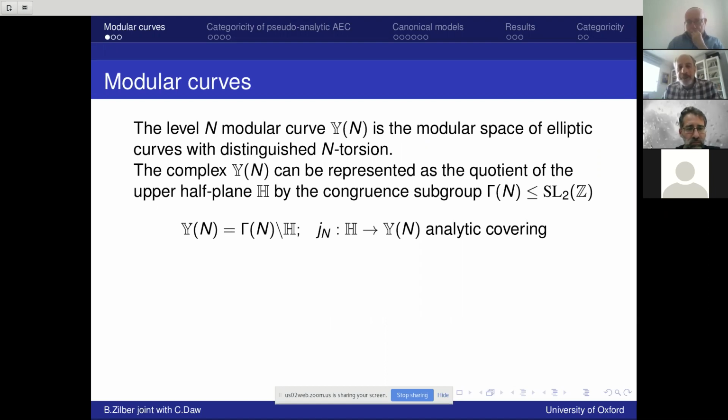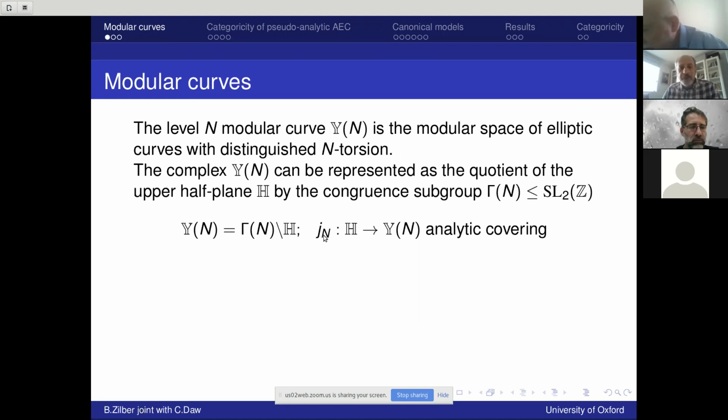The base one, which corresponds to n equal to 1, is exactly the modular space for elliptic curves. And then if you also add to the parameters a pick of n-torsion on the elliptic curve, then you have level n modular curves.